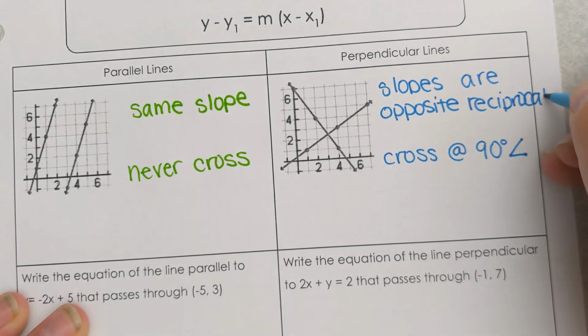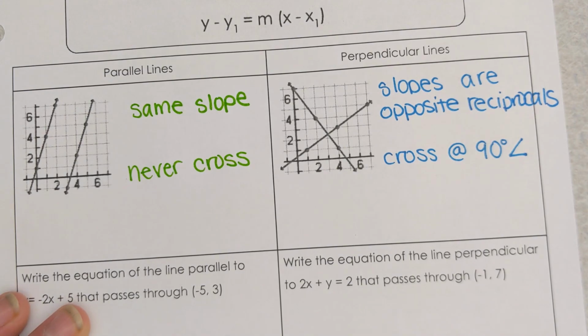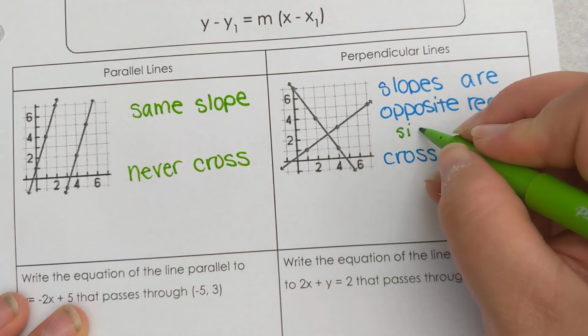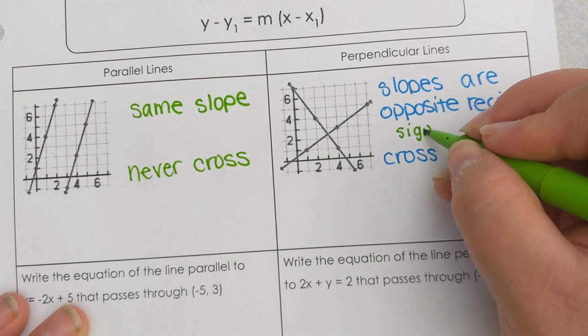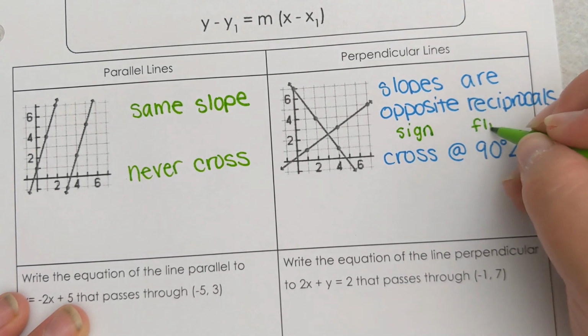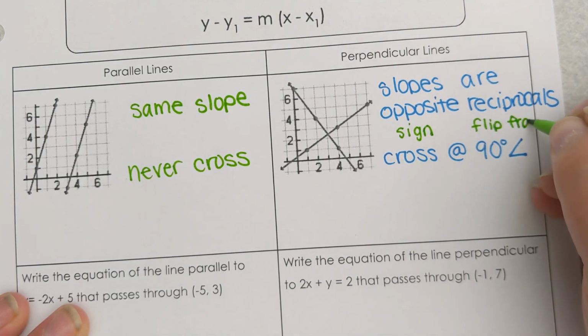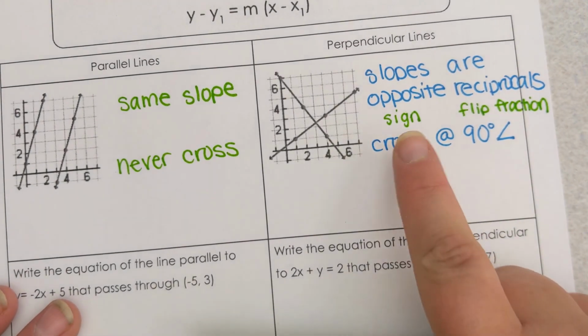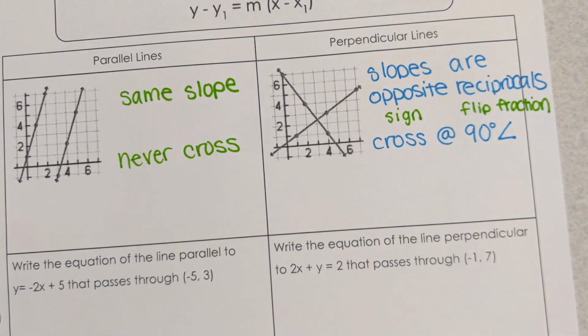And I'm going to go a little bit outside of the box for that one. Opposite means change the sign. Reciprocals means flip the fraction. So it's going to have an opposite sign, and instead of 2 over 3, it'll be 3 over 2.